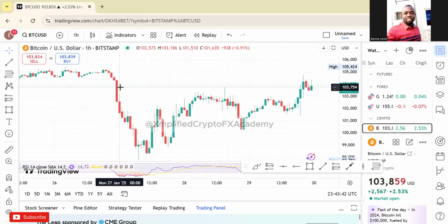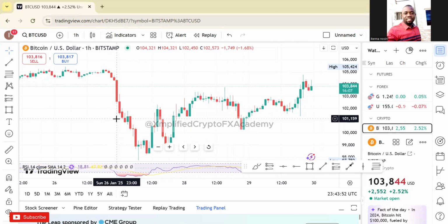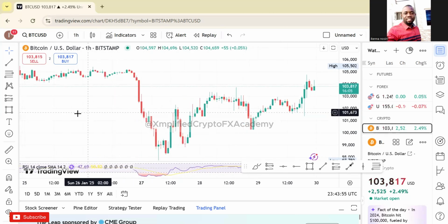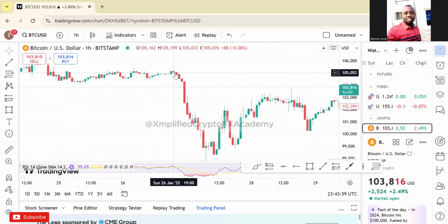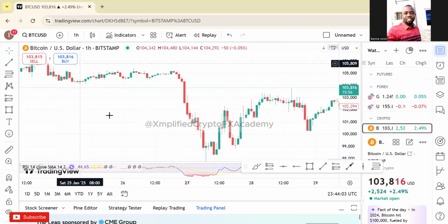Traders, market participants, are dumping and selling off. In selling off, there are some people that make profit from it, depending on the type of trade you are in. But for those that are in sports, when something like this happens on Bitcoin, it tells you that you'll be in losses.